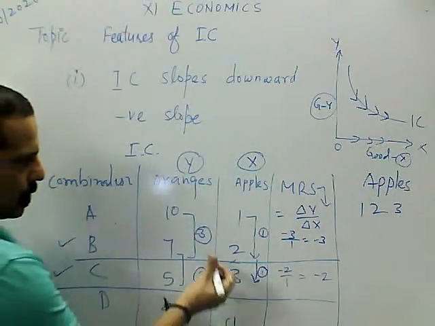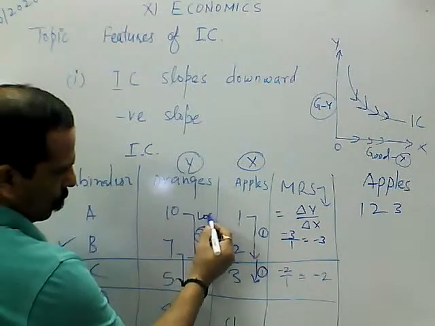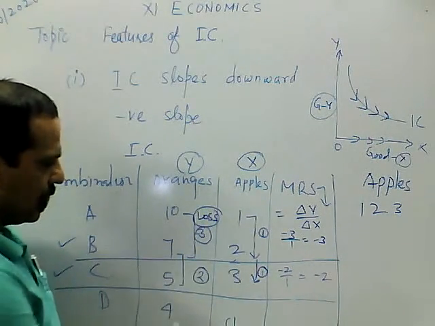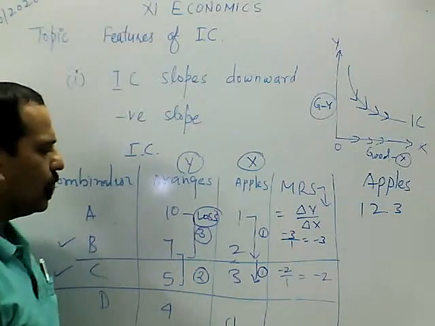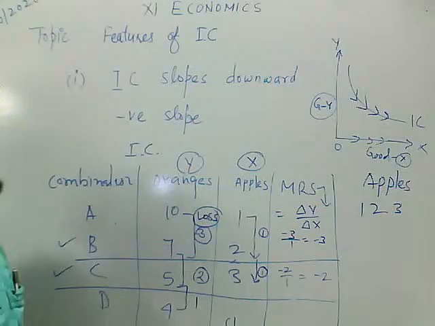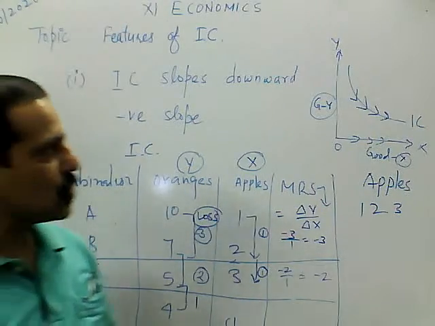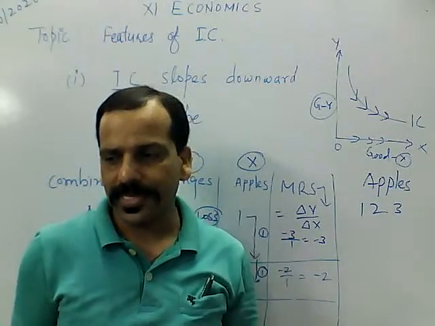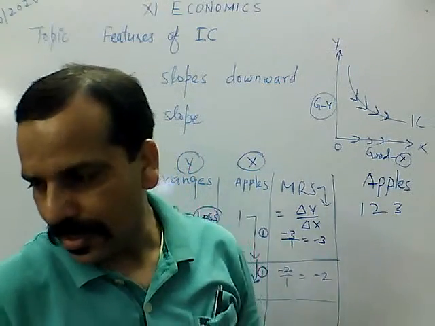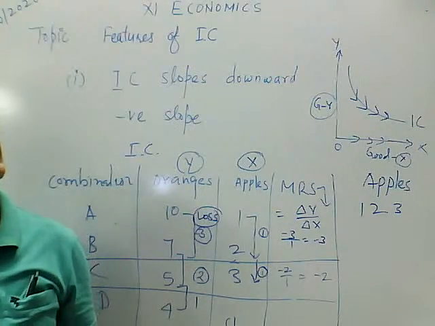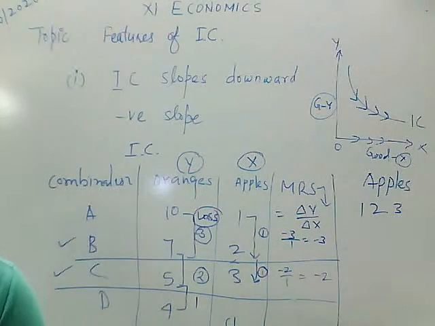See here, the sacrifice of 3 units, here the sacrifice of 2 units, and further the sacrifice of 1 unit. So the sacrifice is more than the gain. So point number 1 is over.